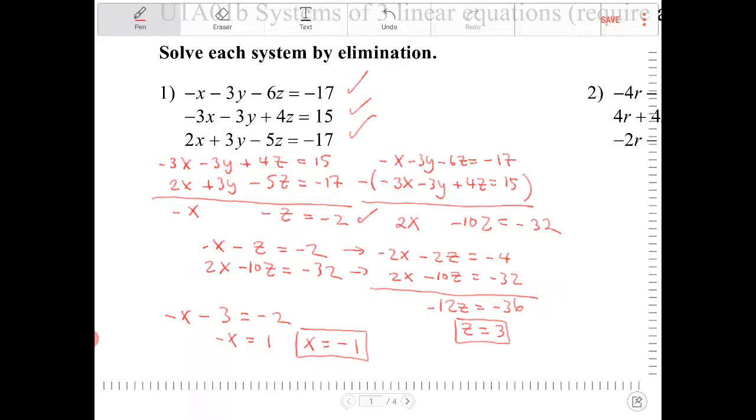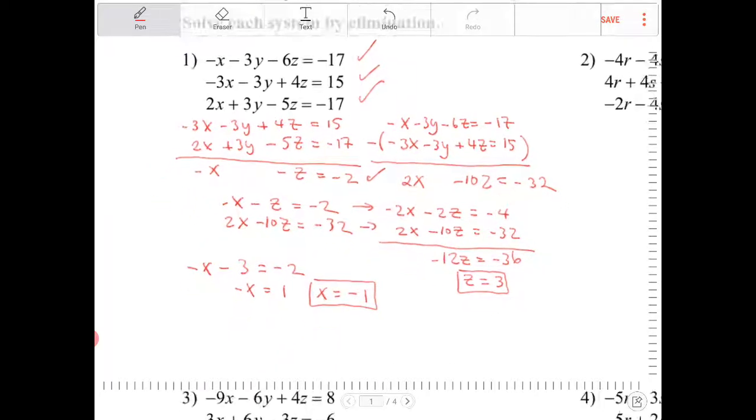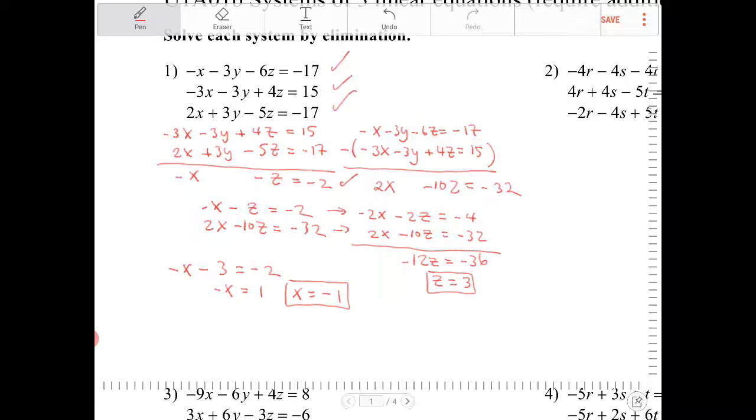Now that I've solved for x and z, I need to go and figure out what y is, and there is really no particular place that we can put x and z in to solve for y that will make anything simpler. I'm going to place it into equation number 3. So I have 2x, I'm sorry, because I already know what x is, x is negative 1, plus 3y minus 5z, so it's minus 5 times 3 is equal to negative 17.